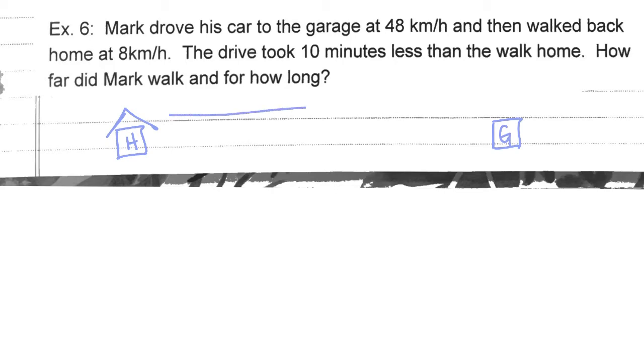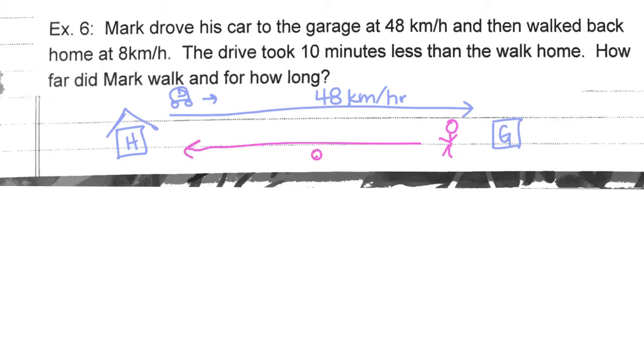And notice he's driving his car there. I'm an impeccable artist. And he's driving his car there at 48 kilometers per hour. And then he decides to walk home. So notice Mark walks home back at 8 kilometers per hour.